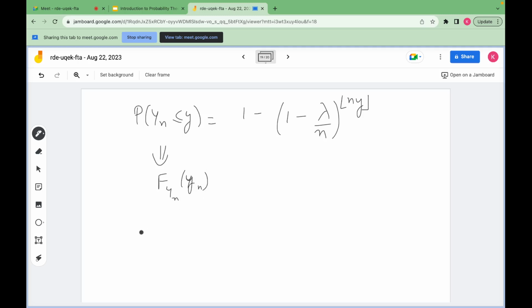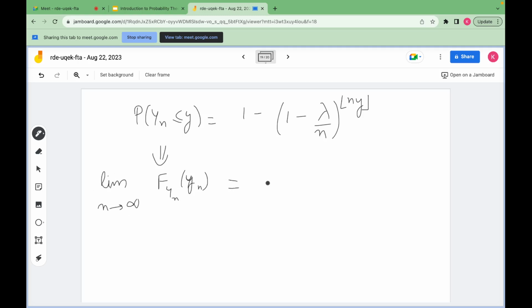So for the convergence in distribution, we want that when n tends to infinity, this thing converges to something. Now we will find what this will be.